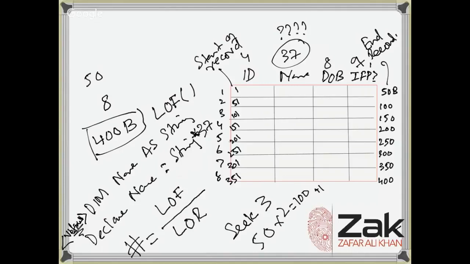Third advantage, you're opening the file once. You're not opening the file for input separate, output separate, and the third, what is it? Append separate. Fourth advantage, you read a record and you can overwrite it right away.